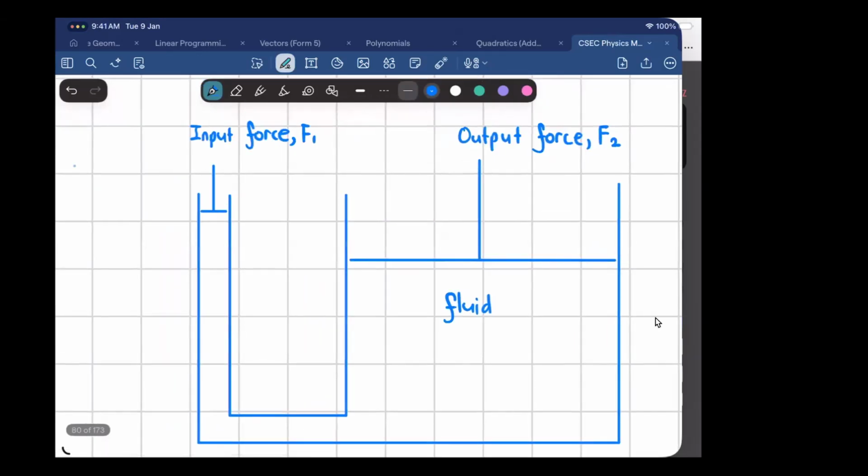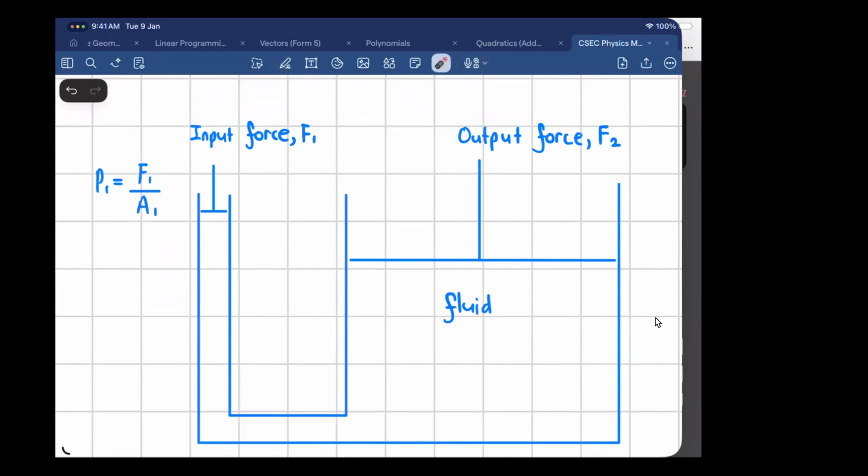Now, if we want to calculate the initial pressure, P1, that's going to be equal to F1 all over A1. And Shina, the area for this would be the cross-sectional area. I drew it in 2D, but I want you to imagine this in a three-dimensional space, and it would have a plunger here pressing down on it.